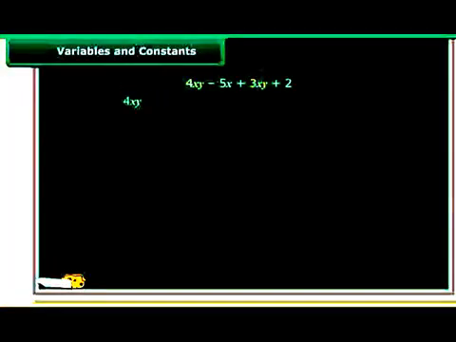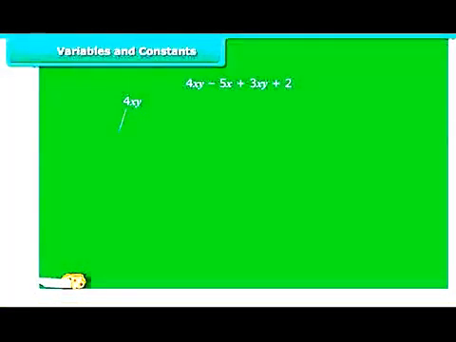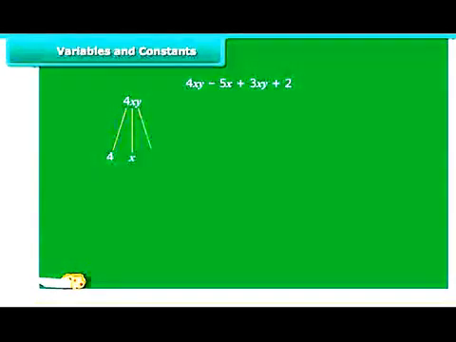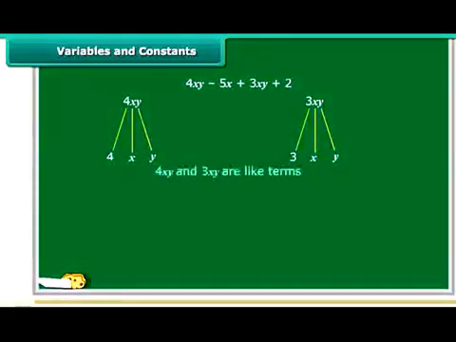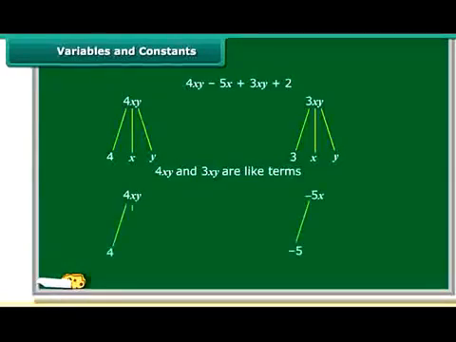The factors of 4xy are 4, x and y. Likewise, the factors of 3xy are 3, x and y. So both the terms have the same algebraic factors, which means 4xy and 3xy are like terms. On the other hand, the terms 4xy and minus 5x have different algebraic factors.